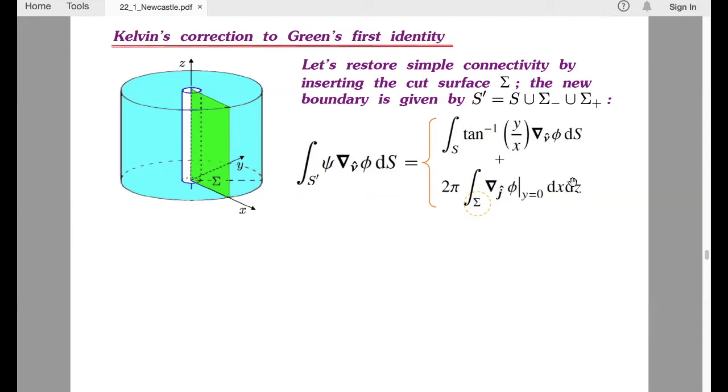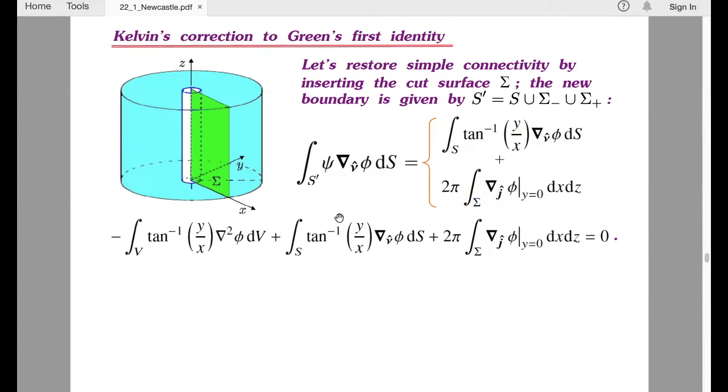On the other, we have the contribution 2 pi, multiplying this quantity. One quantity on sigma minus is 0, one quantity on sigma plus is 2 pi. So we have the sum of these two quantities, and by computation, we can prove that the sum of all these quantities is indeed 0, as required for a singly connected region.